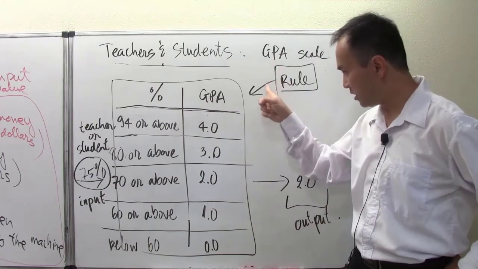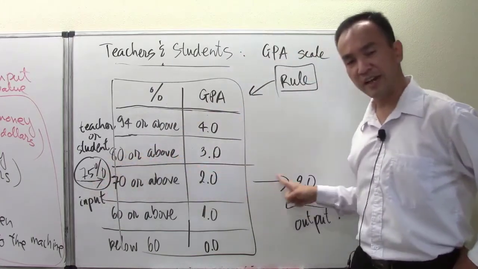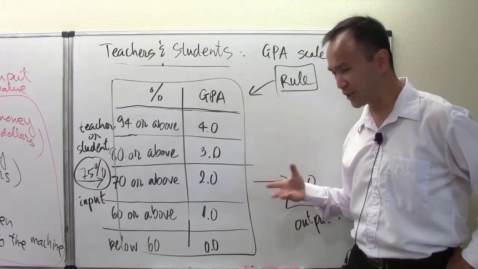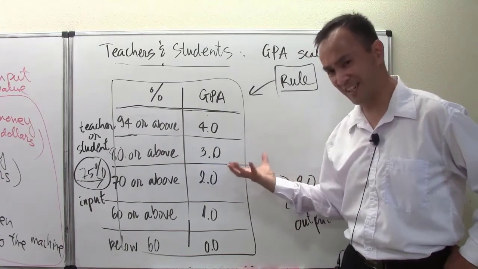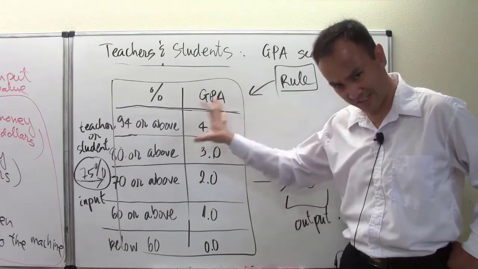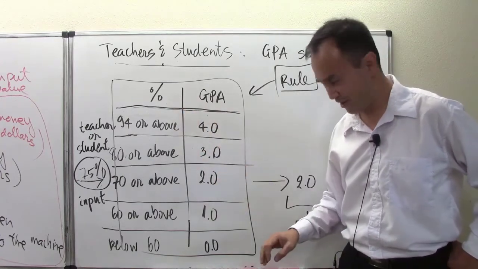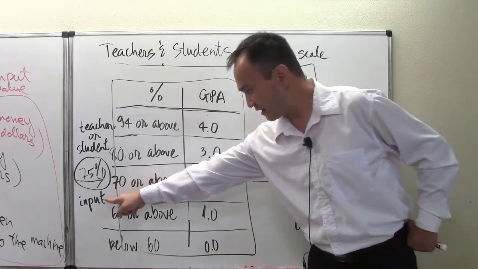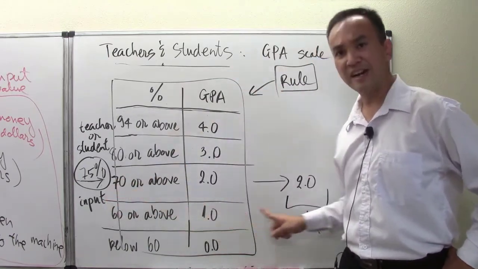There's a rule. It takes an input, it determines an output. I'm using the word gives, making it sound like a person, but basically it's like a machine as well. It's taking an input and it's determining an output.